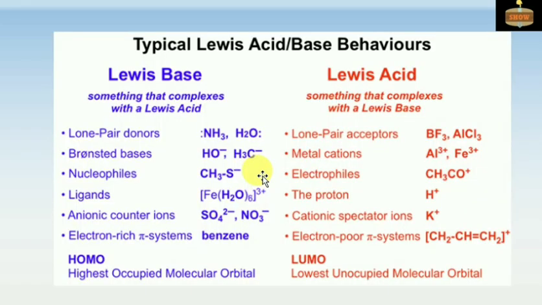Both the Arrhenius model and the Bronsted-Lowry model come under the Lewis concept, which solved all the misconceptions regarding acids and bases by explaining how acids and bases are different and how they form complexes with each other through their acid and base behavior.